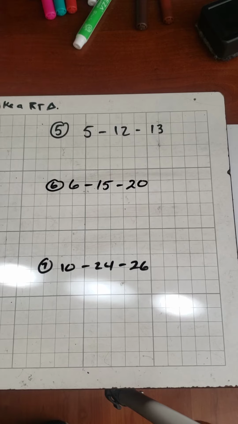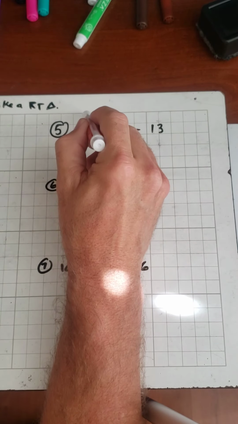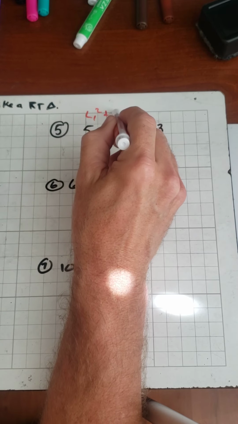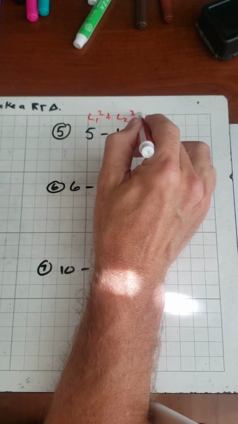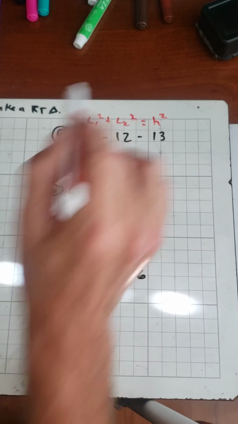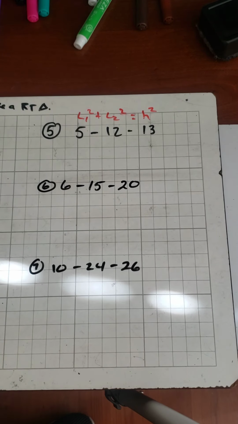So in order to determine if this one is going to be a right triangle, I have to use the Pythagorean theorem. So that is L1 squared plus L2 squared equals hypotenuse squared. I just wrote it above because it looks like I didn't give myself a whole lot of room here. I didn't want to run out.